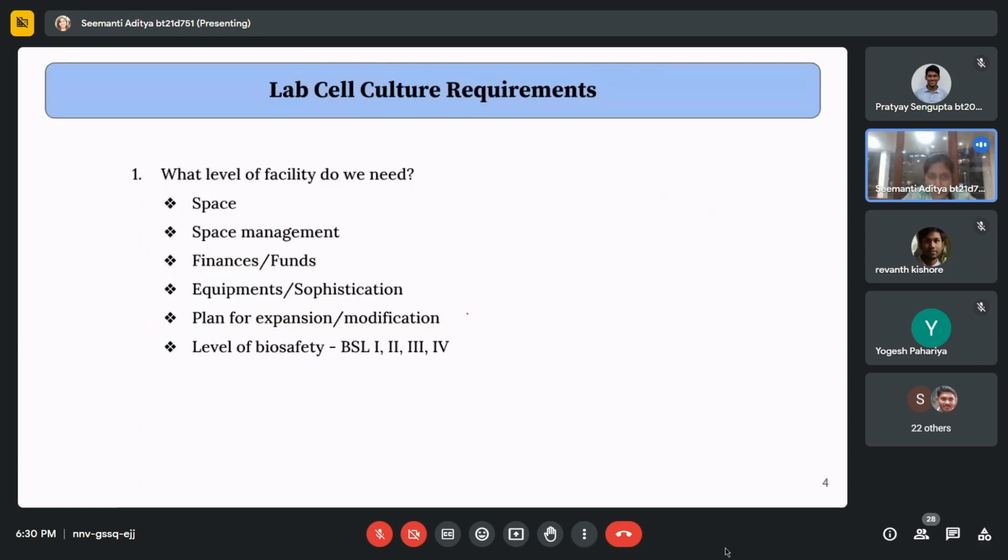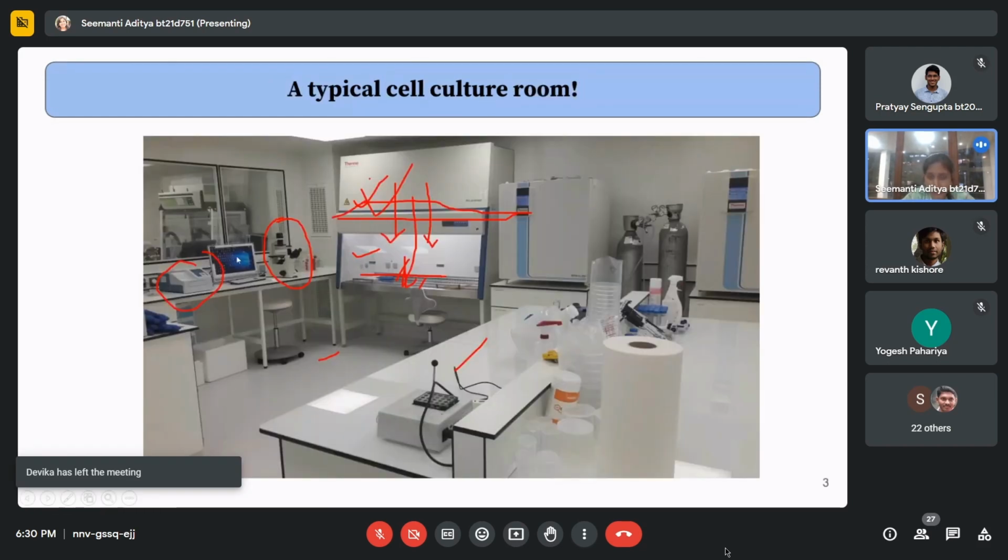Apart from that, what are the cell culture requirements? Cell culture requires a lot of space, because so many instruments need to be accommodated, and we do not want any misfortunate events to take place. The incubators and the carbon dioxide cylinders are really heavy items, they require space to be stored, and they cannot be moved from one place to another. So once they are settled in one portion, we do not want to move them again and again.